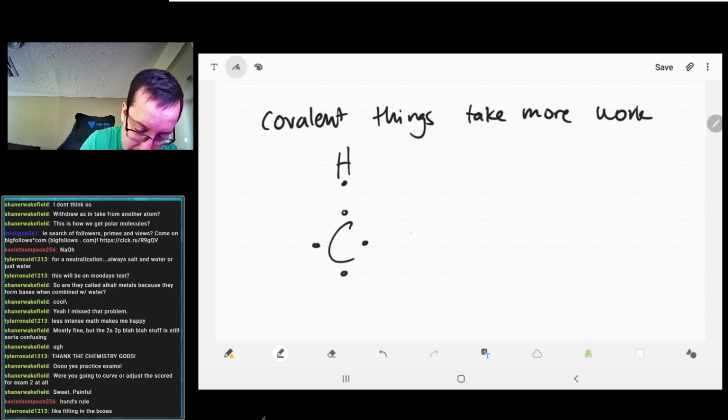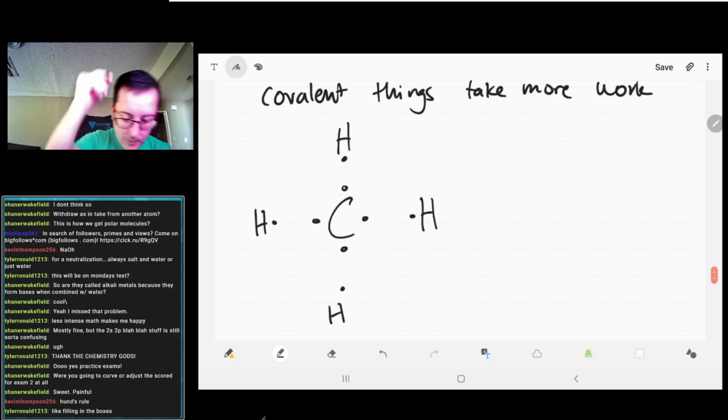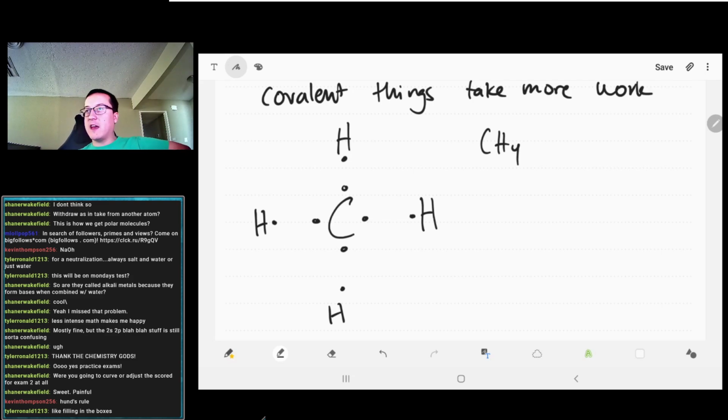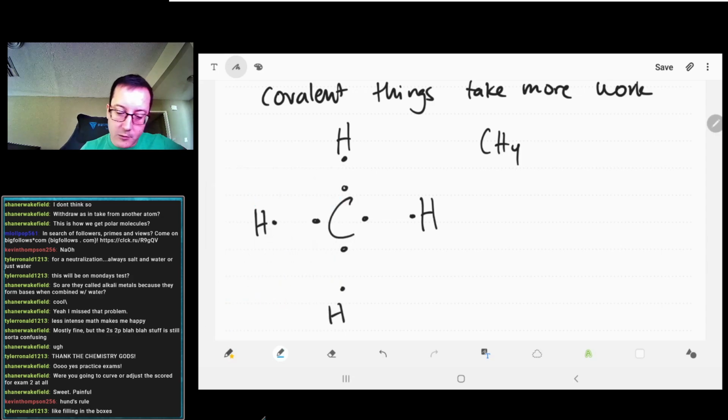Here is carbon. I have drawn all the atoms here. So, by the way, this is methane, right? I've drawn all the atoms with their valence electrons. What I'm going to do is make sure that every outer atom has all of its electrons that are going to get paired up with this central atom.